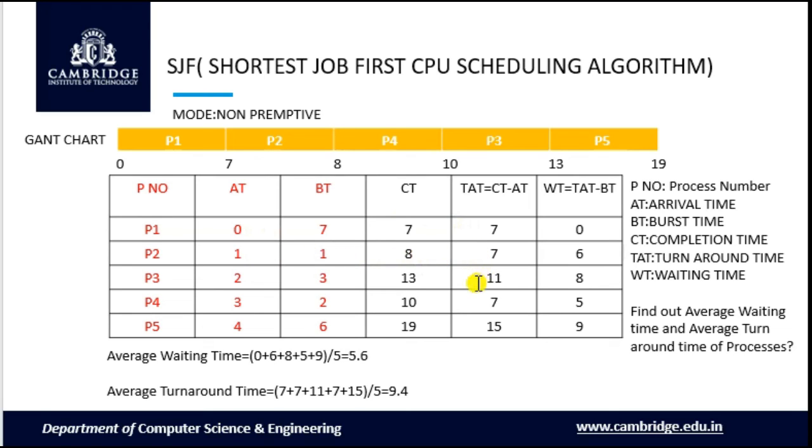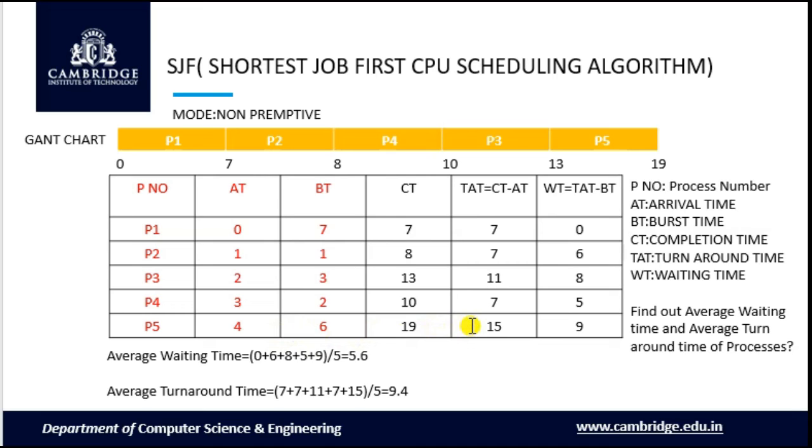Completion time of P3 is 13, arrival time is 2, 13 minus 2 is 11. Completion time of P4 is 10, arrival time is 3, 10 minus 3 is 7. Completion time of P5 is 19, arrival time is 4, 19 minus 4 is 15.